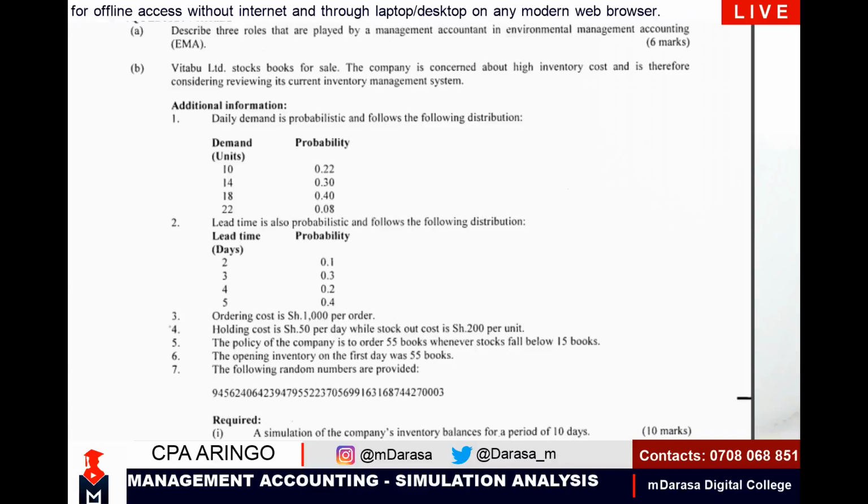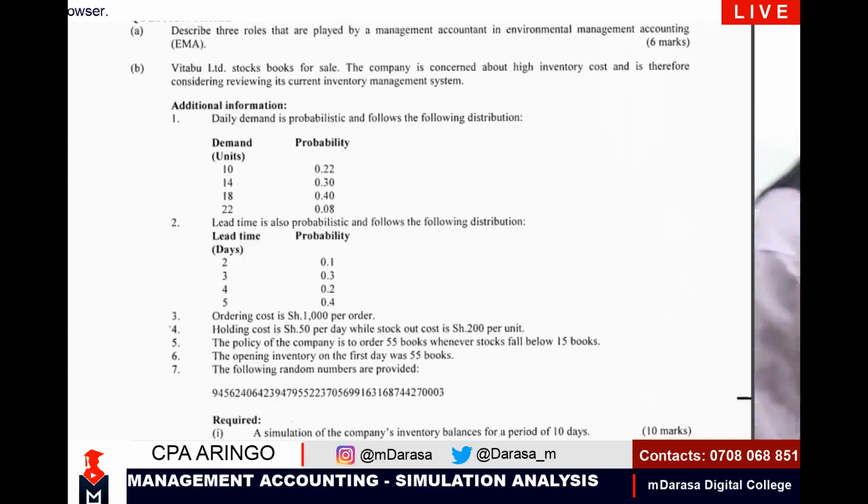Probabilities given: 0.22, 0.30, 0.40, and 0.08. I've shared the question there with you so that we use it together.